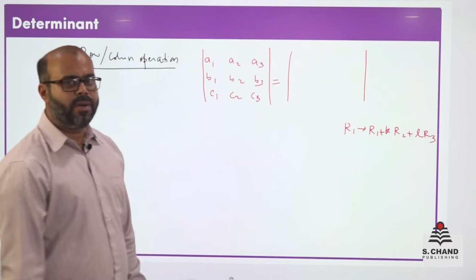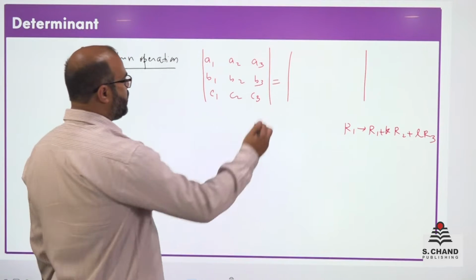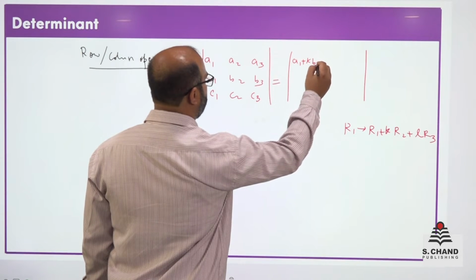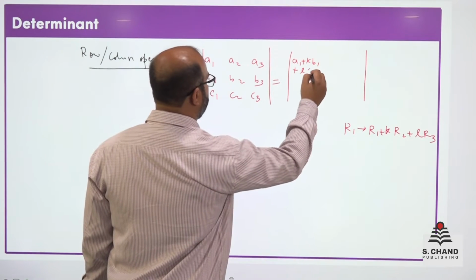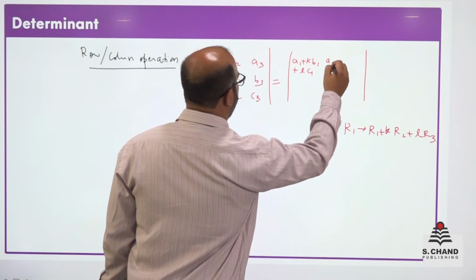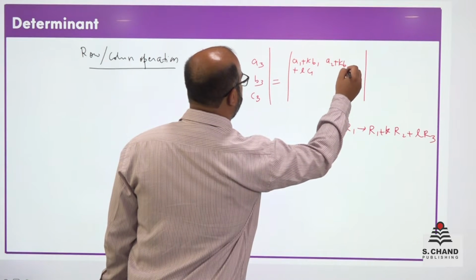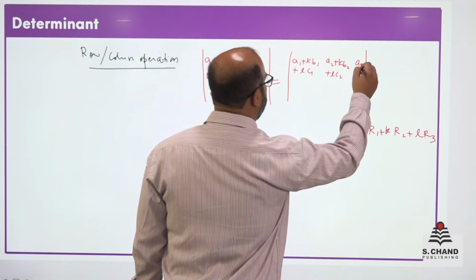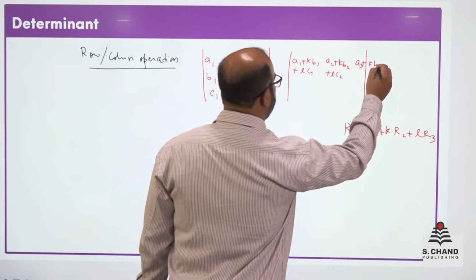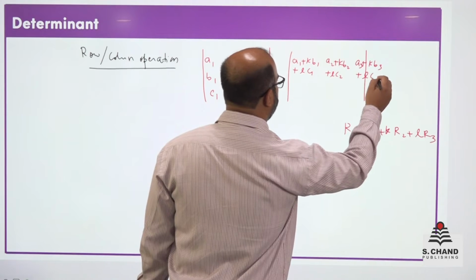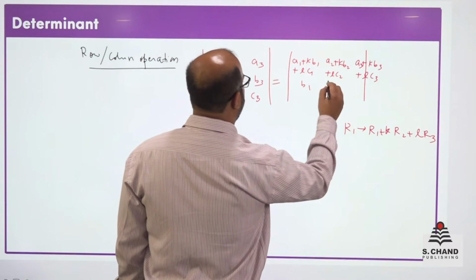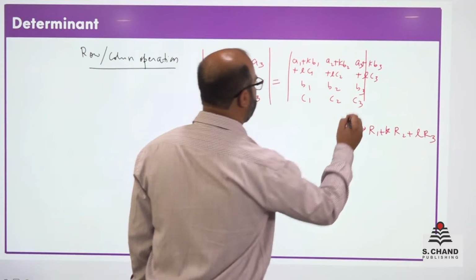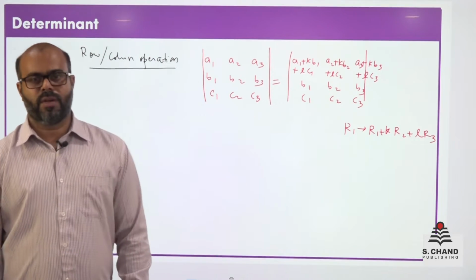Then the value of the determinant will not change. So we can say a1 plus k times b1 plus l times c1, similarly a2 plus k times b2 plus l times c2, similarly a3 plus k times b3 plus l times c3, and b1, b2, b3, c1, c2, c3. So the value of the determinant will not change.